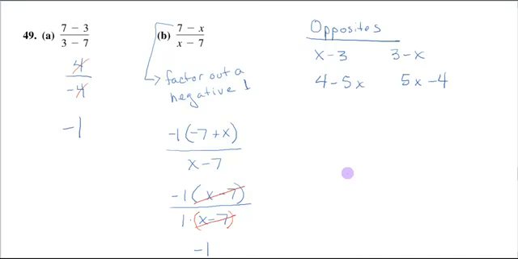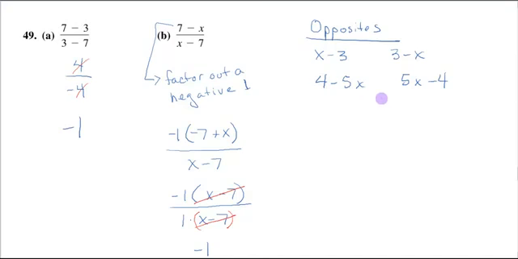Now something like x plus 2 and x minus 2 are not opposites. It has to be that both numbers in that expression have opposite signs. So this x is a positive here, over here it's a negative. This 3 is a negative, and over here it's a positive. Same with this, a positive 4, but this one's a negative 4. A negative 5x and a positive 5x.